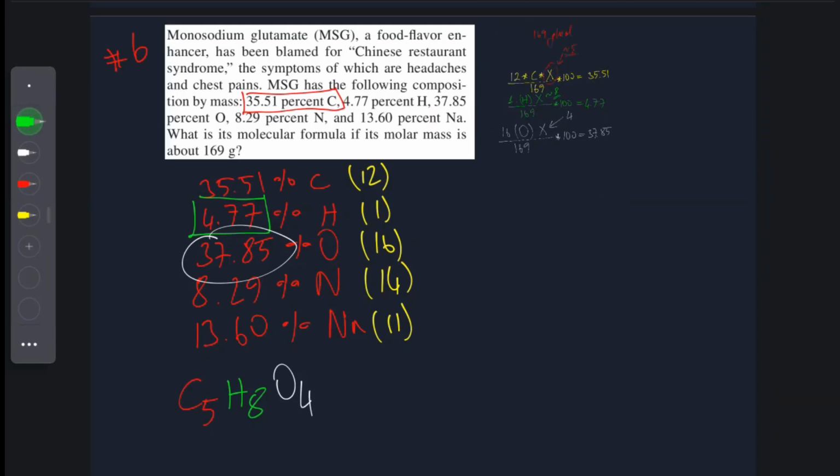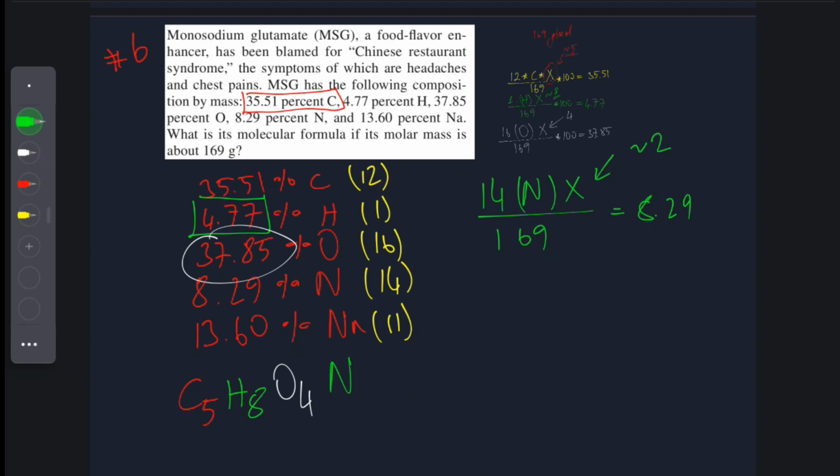And we can continue with nitrogen. So this X will become about 2. So there are probably 2 nitrogens.